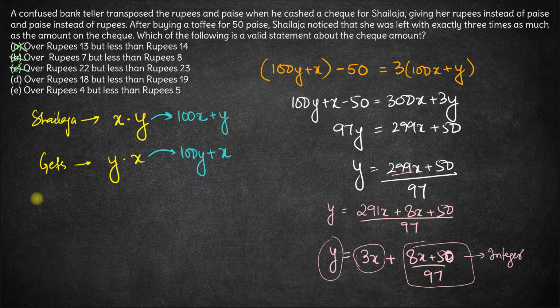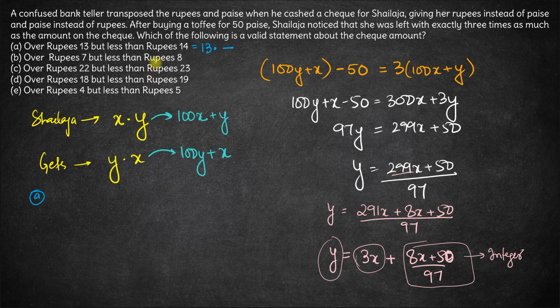So let's look at the first option here. It says over 13 rupees but less than 14 rupees. This is a statement about the check amount. So option A says the check amount is more than 13 rupees but less than 14 rupees. That means the check amount was 13 rupees and some paise, right?